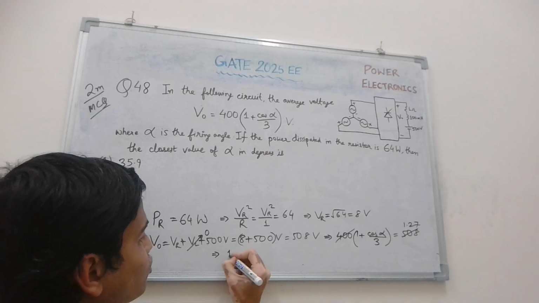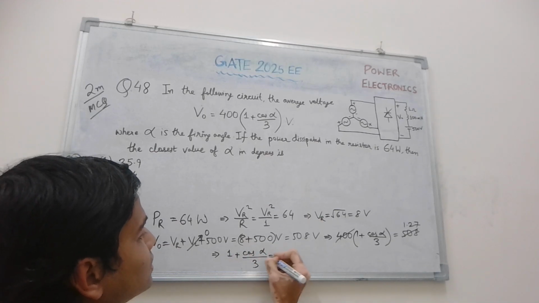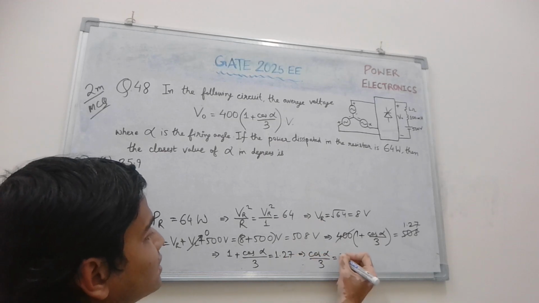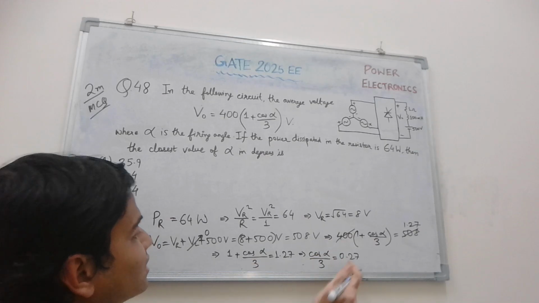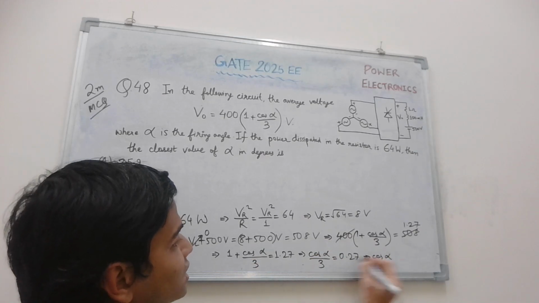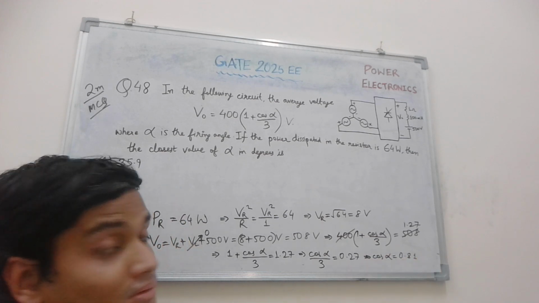So from here we get (1 plus cos alpha) by 3 equal to 1.27, or cos alpha by 3 equal to 0.27, taking 1 to that side, or cos alpha equal to 0.27 into 3, that is 0.81, right?